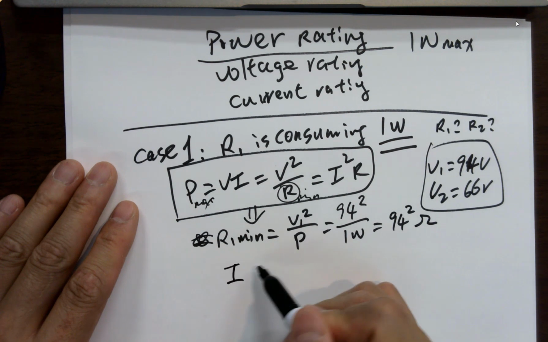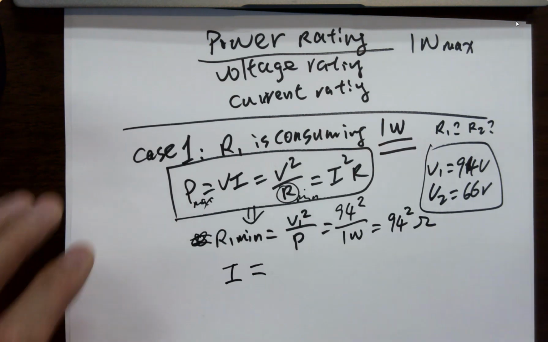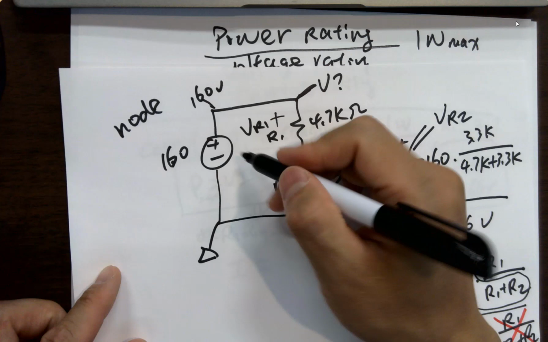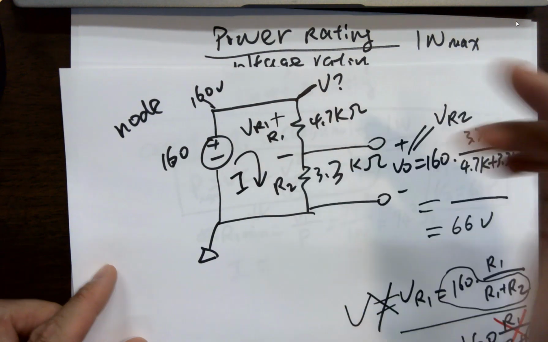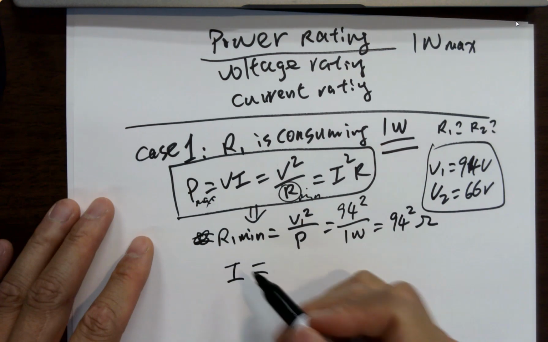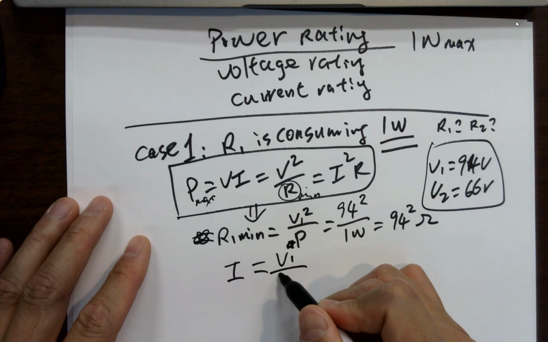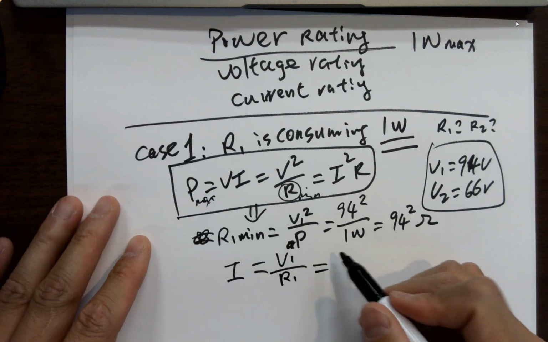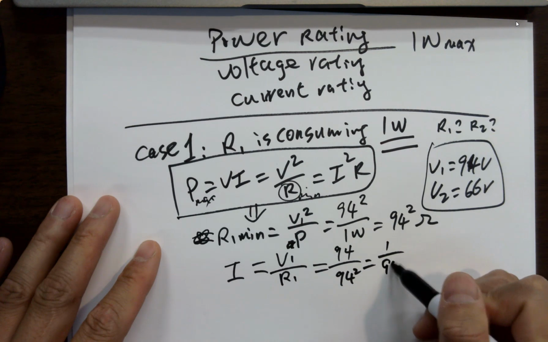Because this is the same circuit, there is just one I. So if you calculate I for R1, it's going to be the same I for R2. So let's calculate I. I is V1 over R1, which is 94 over 94 square, which is 1 over 94 amps.